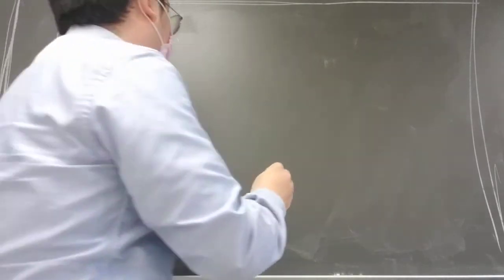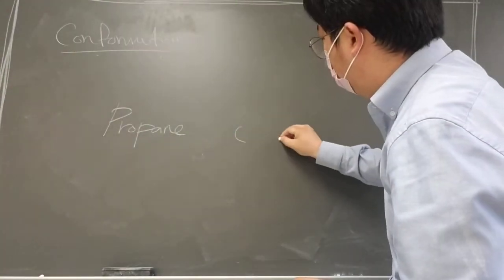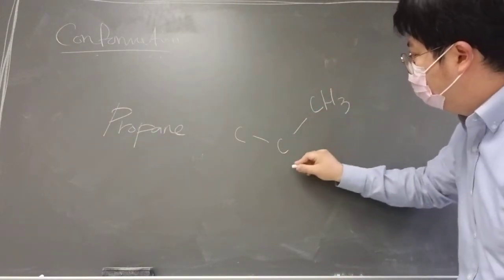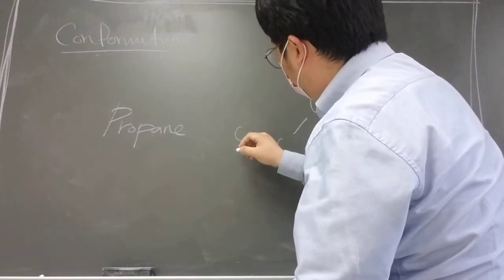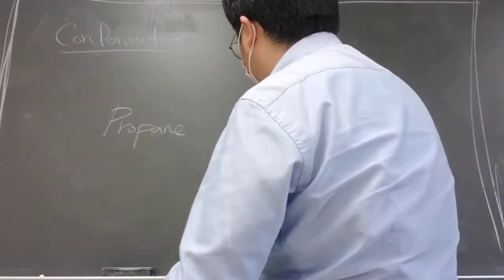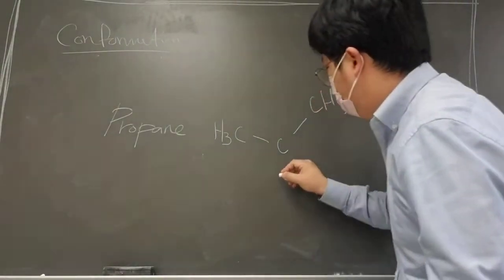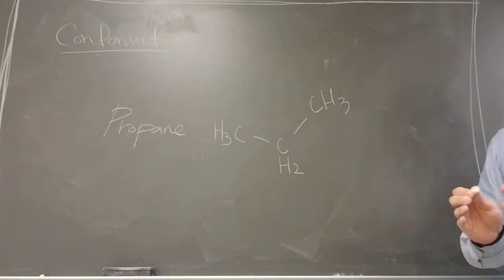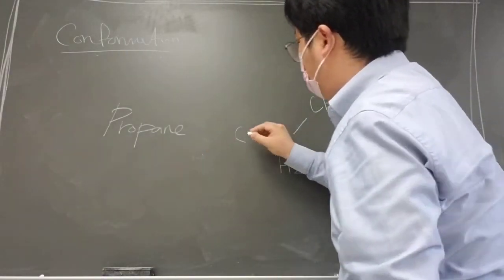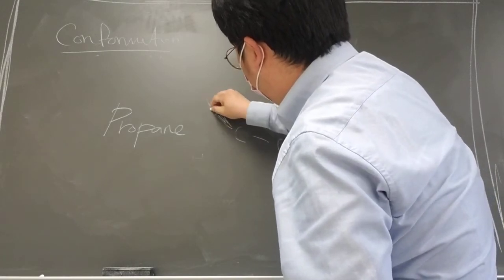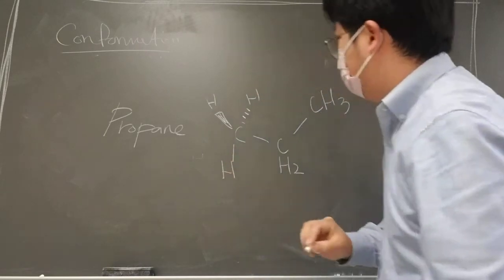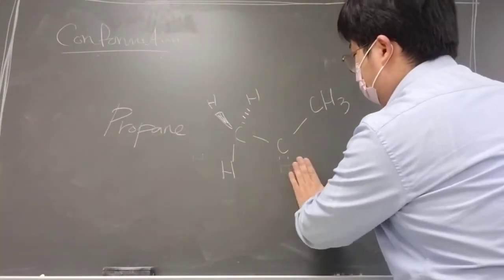Okay, so now you have 3 carbons. Let me show you one drawing over here. Whenever you have the hydrogens over here, you can also say this one has 3 hydrogens.